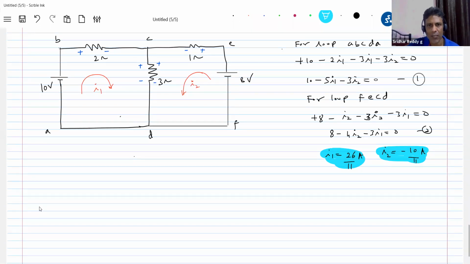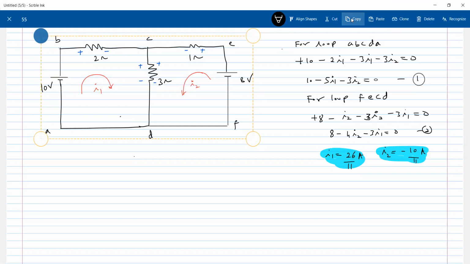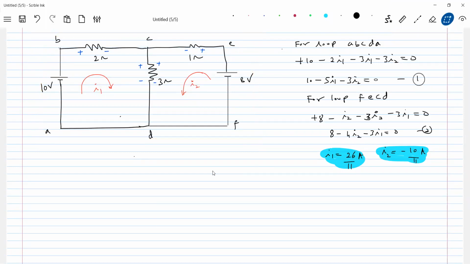The actual currents will be the actual currents what we assume, no? Sir, it is 16 by 11 and 10 by 11, sir. I checked, like I substituted.